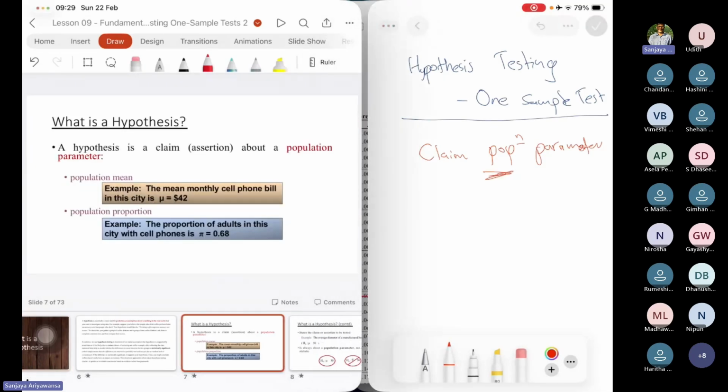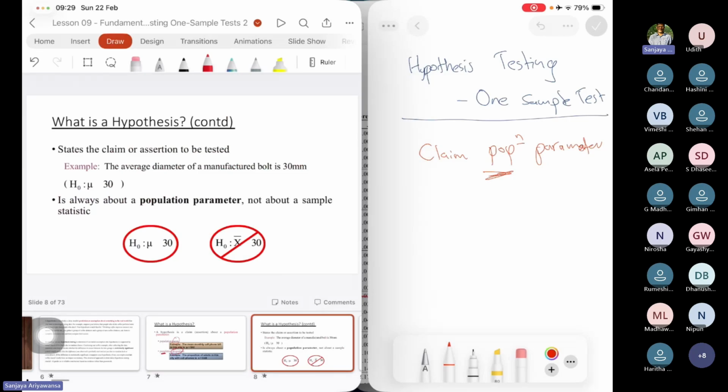For example, you can make a claim on a population parameter like the population mean: the mean monthly cell phone bill in the city is $42. Or you can make a claim on the population proportion: the proportion of adults in this city with cell phones is 0.68.